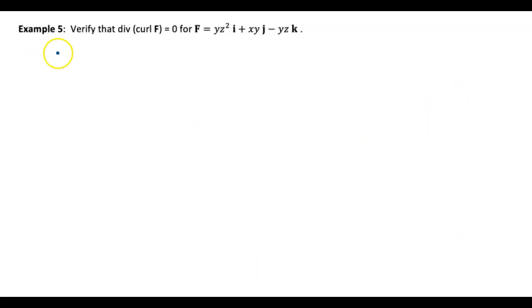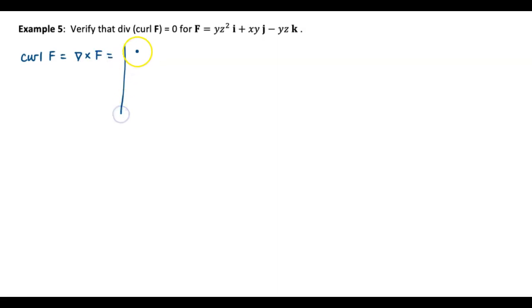Let's just do one example of this. We just want to verify that the divergence of the curl of f is equal to 0. So we just want to practice this operation for f equal to yz squared i plus xy j minus yz k. Starting off with the curl of f, we know the curl of f is just the cross product of del and f.